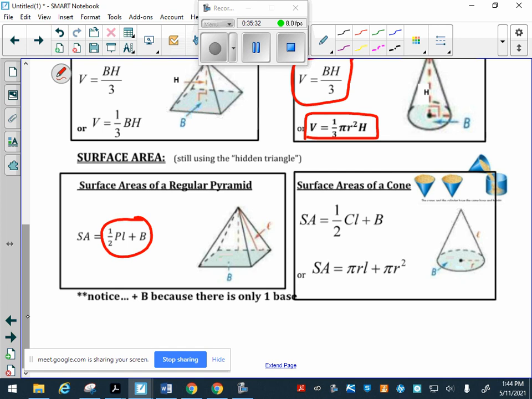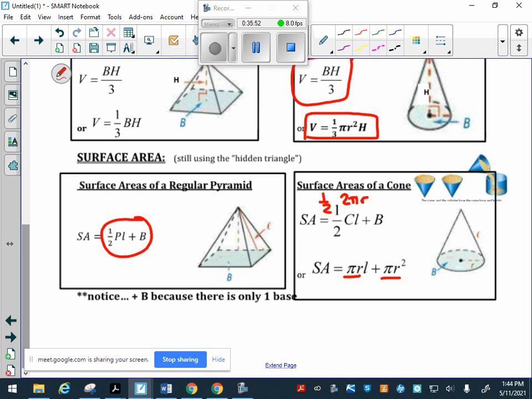Same idea, circumference instead of perimeter. Turning it into circumference gives pi r L. The area of a circle is pi r squared. So remember that circumference is 2 pi r.